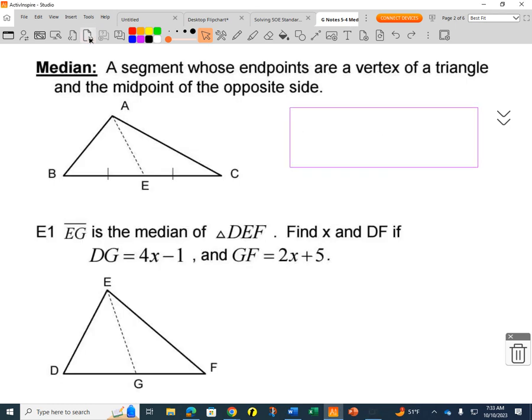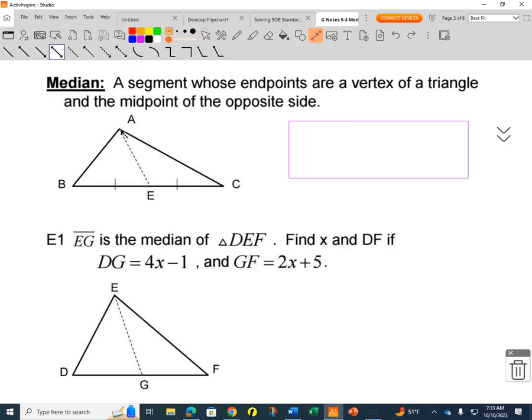All right. First thing we're going to learn about is a median. A median is a segment whose endpoints are a vertex of a triangle and the midpoint of the opposite side. So if we're looking here, this dotted line, segment AE, starts at the vertex.